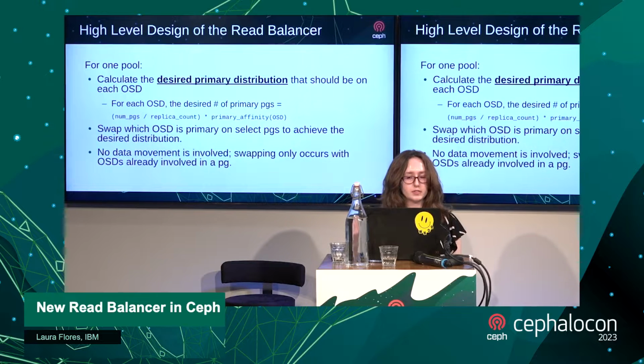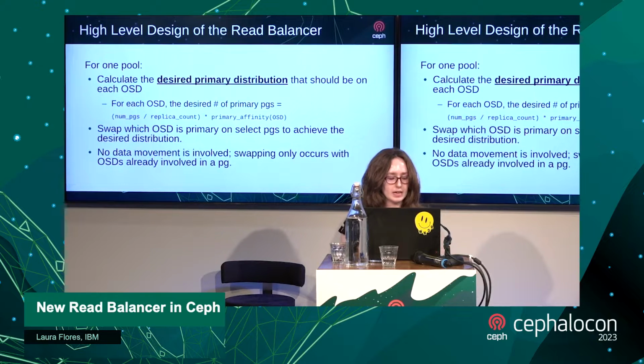So the high-level design of the current rebalancer code in Reef looks a bit like this. We handle one pool at a time. This is important since we're only looking at a particular workload one at a time. We calculate the desired number of primaries that should be on each OSD.